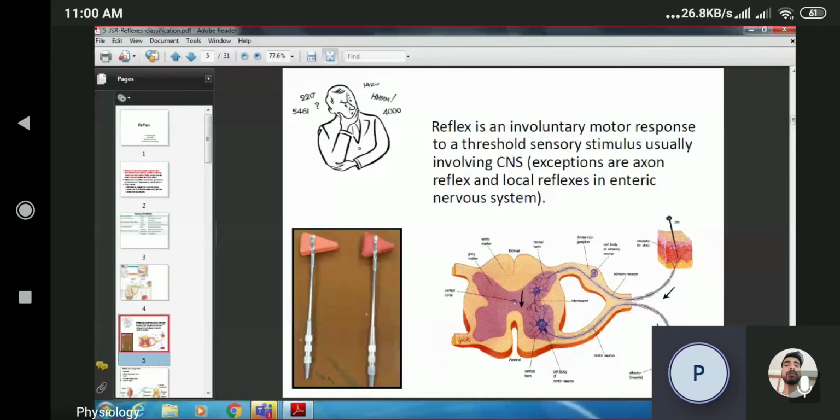The sensation is received by the receptor, then the afferent nerve carries it through the dorsal root ganglia to the dorsal column. This is the sensory nerve. This is the center. The spinal cord is the center. From the center, it goes to the motor neuron, that is the efferent neuron, and then it goes to the muscles or effector organ.